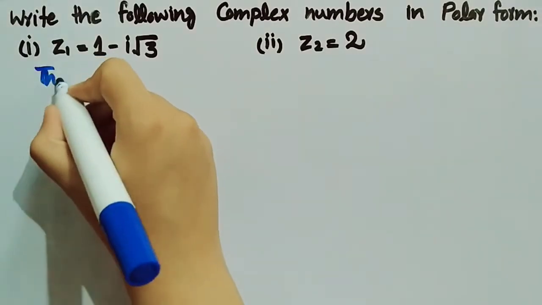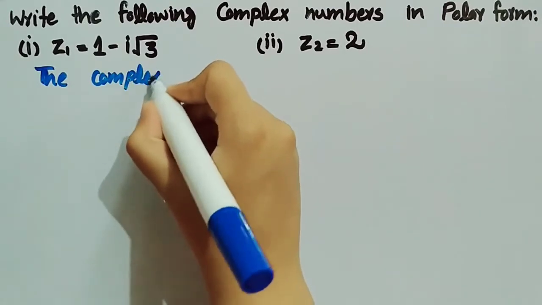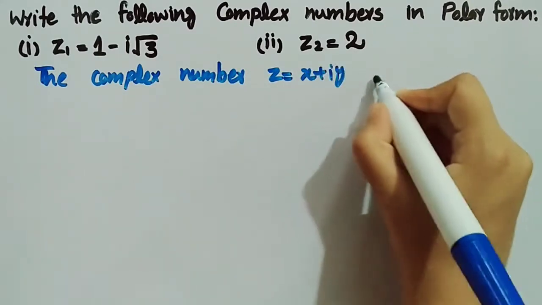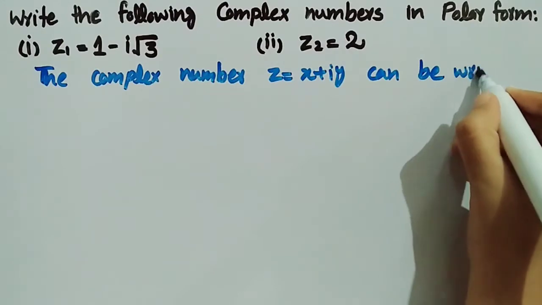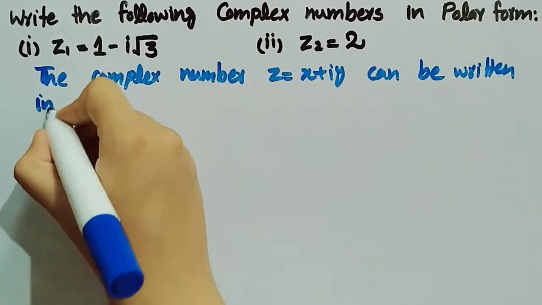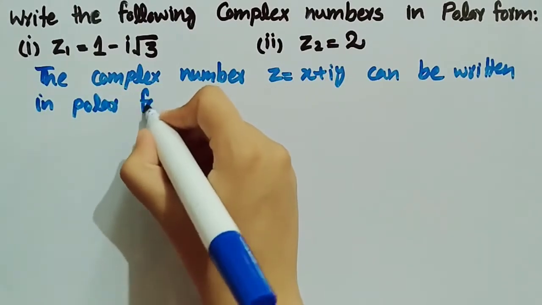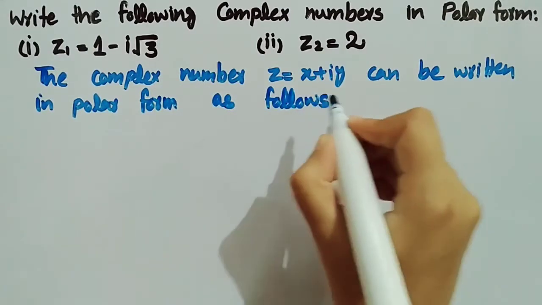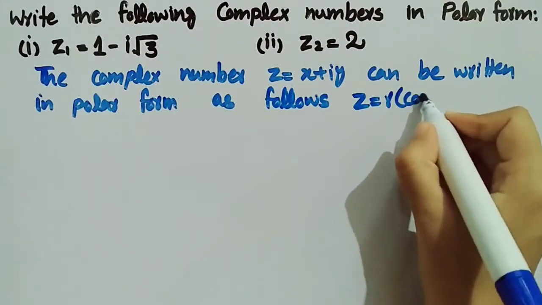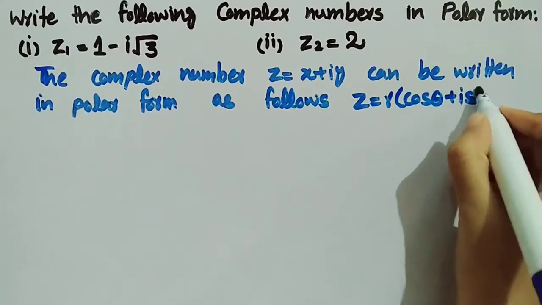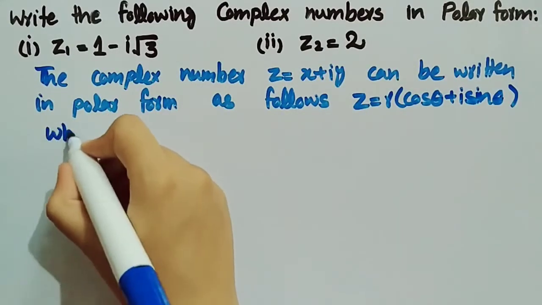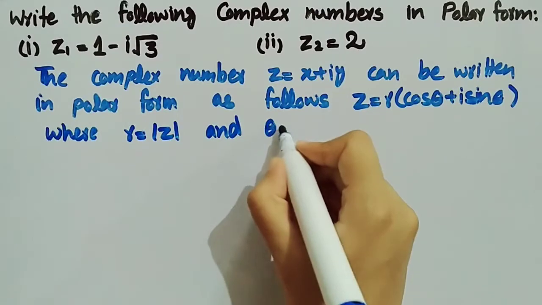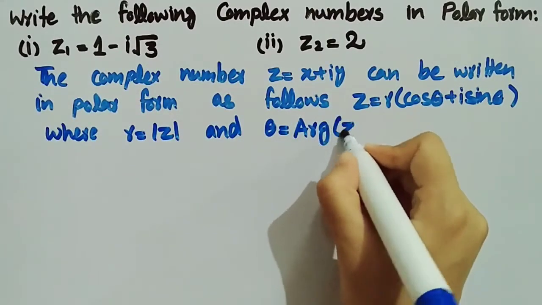The complex number z is equal to x plus iota y can be written in polar form as follows. z is equal to r (cos theta plus iota sin theta), where r is equal to mod of z and theta is equal to the principal argument of the complex number z.